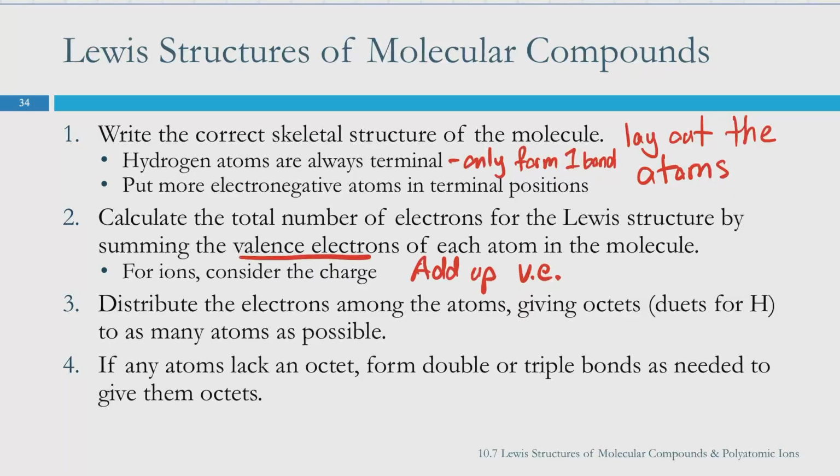If we have a charged compound like an ion, then we need to adjust the electrons for the charge. So that'd be an extra thing that we add in.